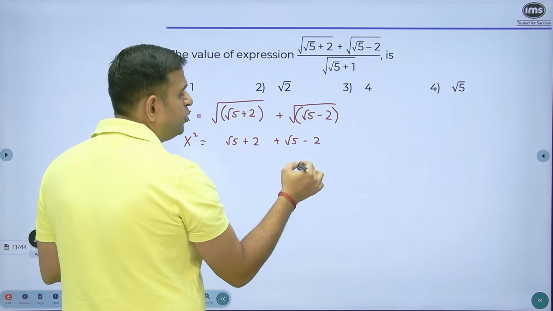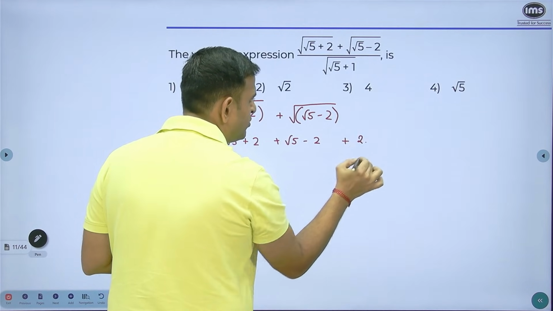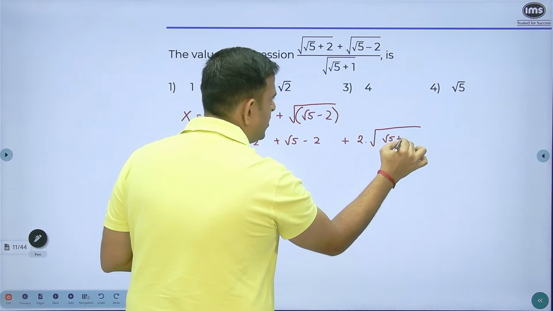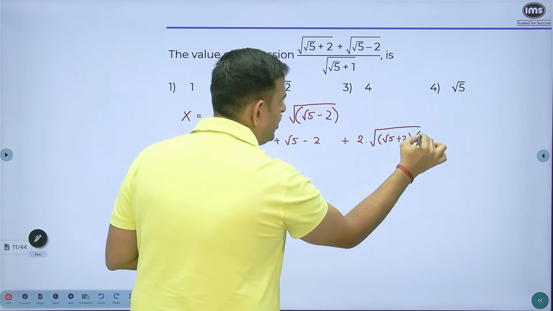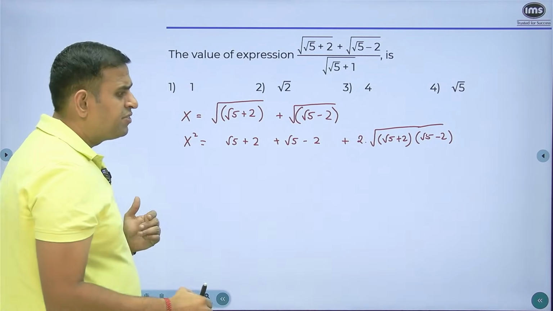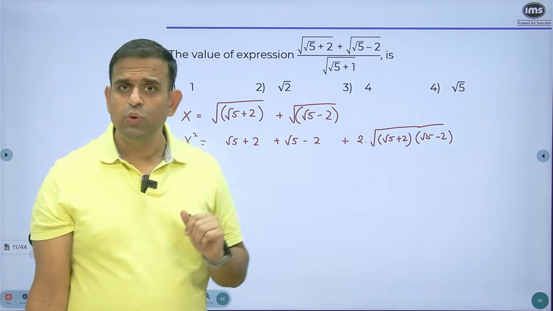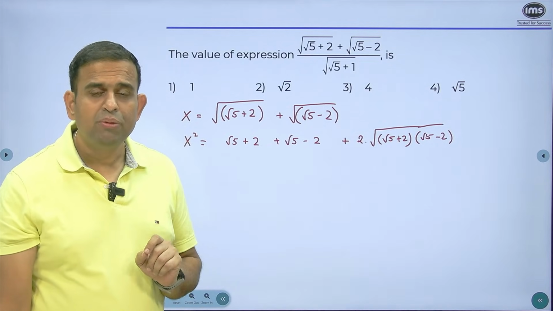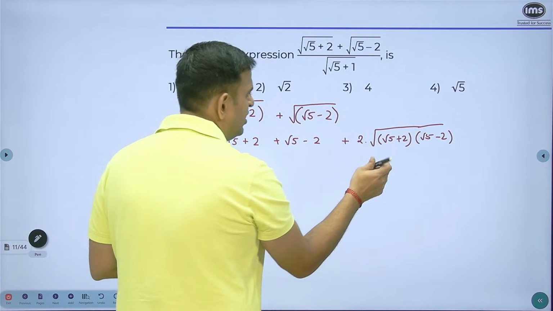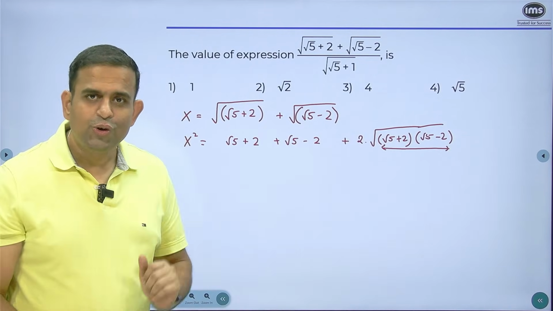And then I'm going to do 2 times ab, so plus 2 times root of root 5 plus 2 into root 5 minus 2. And as we have seen, when you multiply root 5 plus 2 times root 5 minus 2, the outcome simply becomes equal to 1. This portion will become 1. Root of 1 is also going to be equal to 1.